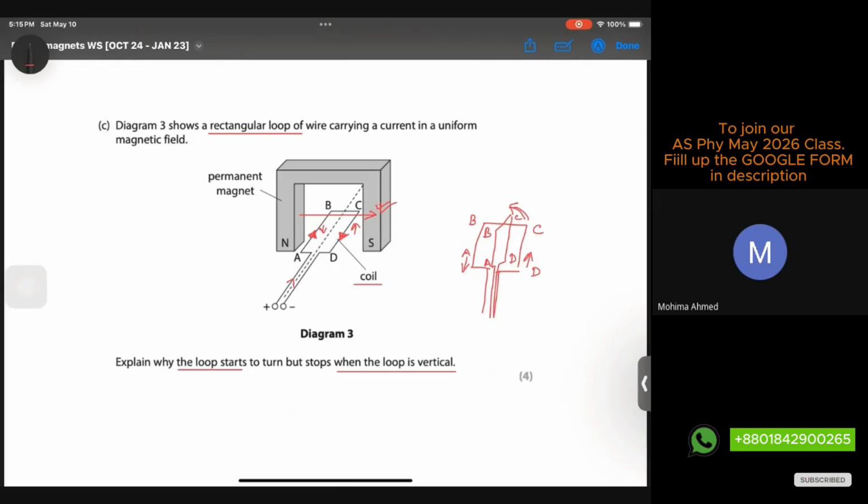No, it must rotate exactly 180 degrees, but they're saying it stops when the loop is vertical. The forces are in opposite directions: for AB we have a downward force, for CD an upward force, because the current was in opposite directions around this loop.